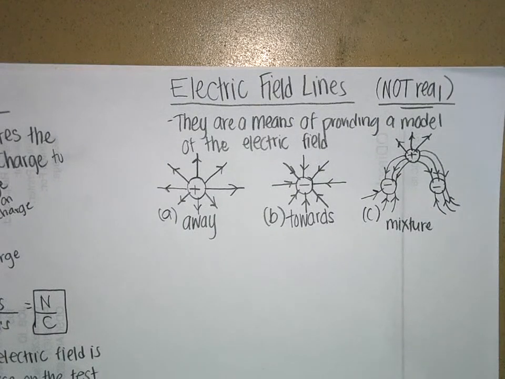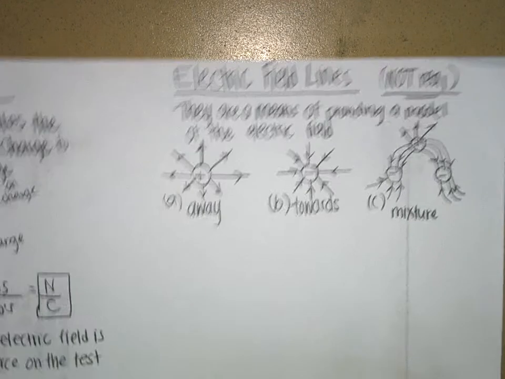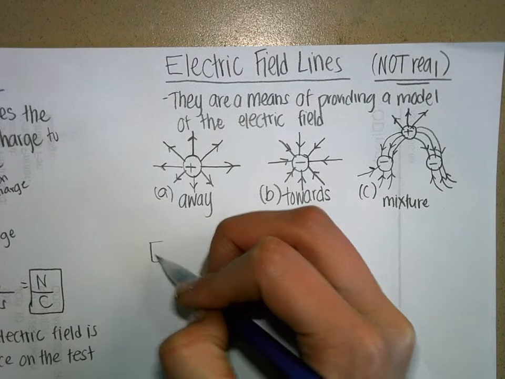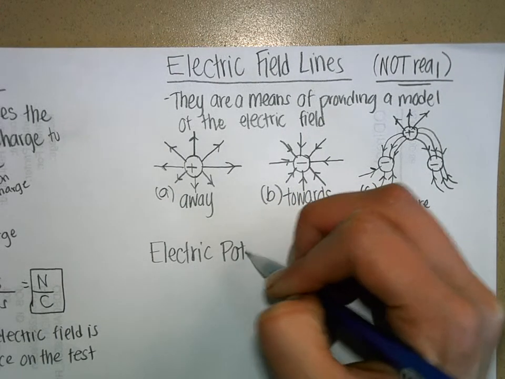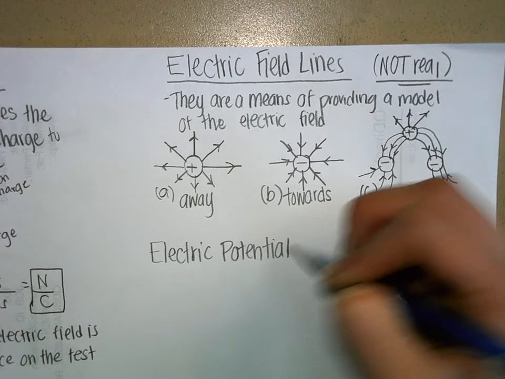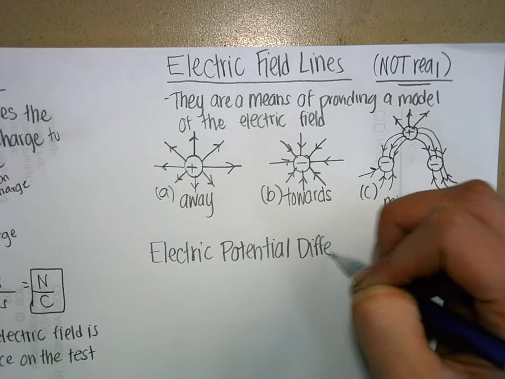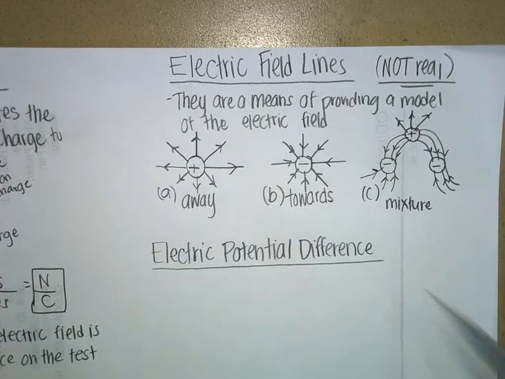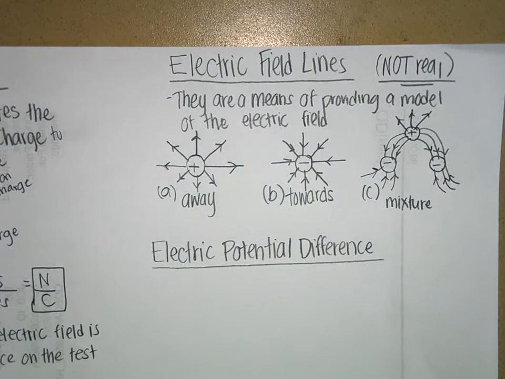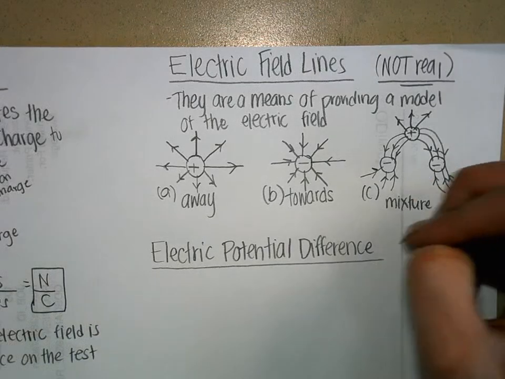So there's a few applications of an electric field that we can talk about, and the first is going to be electric potential difference. This is defined as the work done moving a test charge in an electric field divided by the magnitude of the test charge.